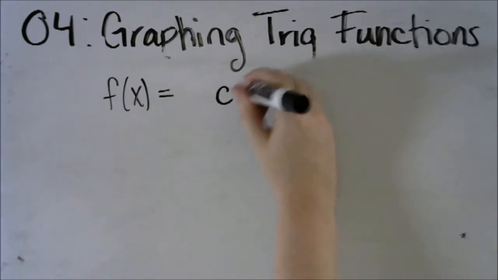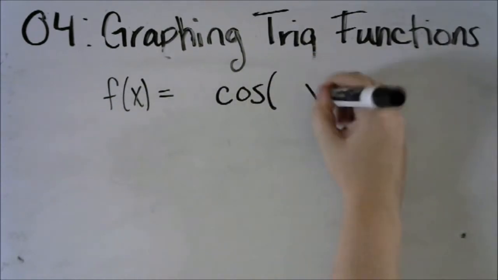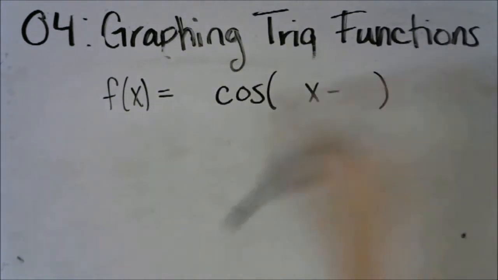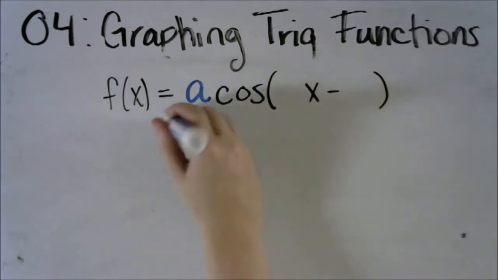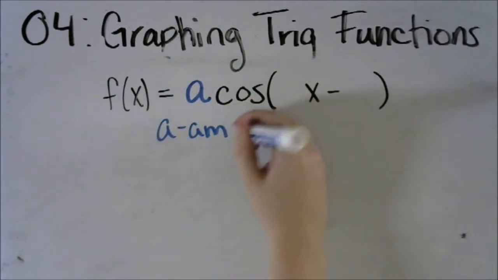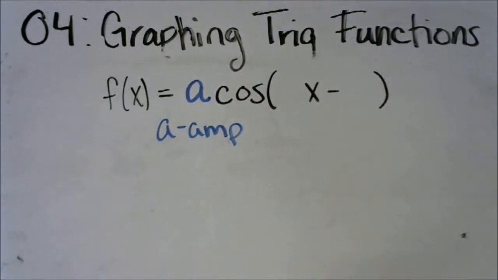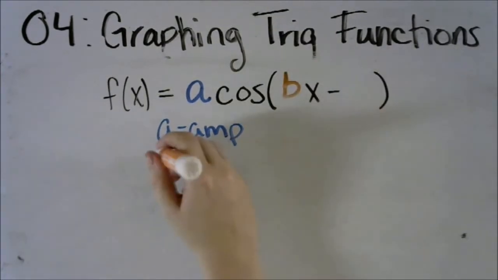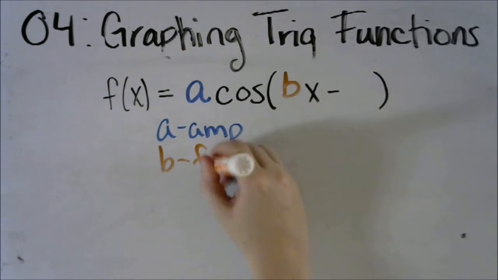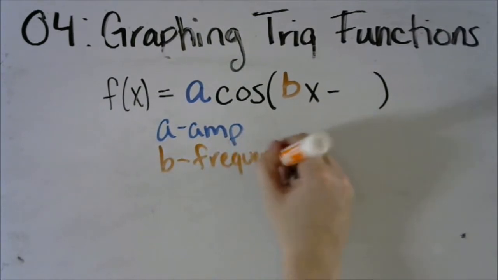Now the first time I wrote the formula, I used sine. So this time I'm going to use cosine because the formula applies to both, or really all, trig functions. A is the amplitude. B is often called the frequency and is used to calculate the period.